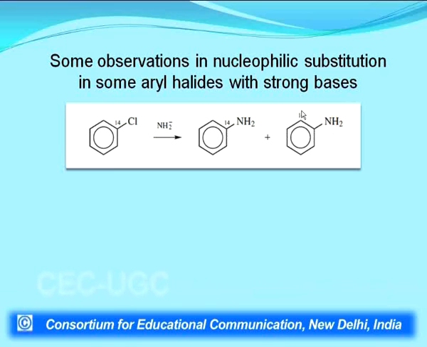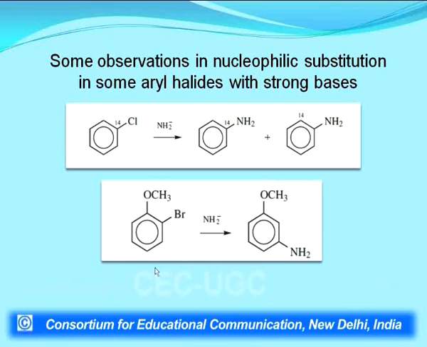It is not attached to the labeled carbon. So, this observation goes against the mechanism that we have proposed, that the nucleophile attacks the carbon and the leaving group leaves from the same carbon through the formation of a sigma complex.